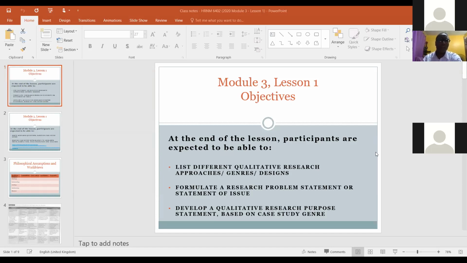So for today's conversation, I want us to have a brief understanding of what are the different research approaches. Depending on who you're reading, they'll talk about research approaches, research designs, or the genre of qualitative research.